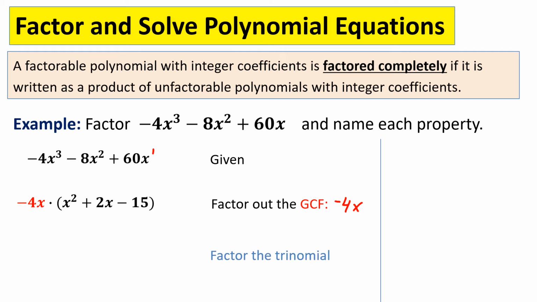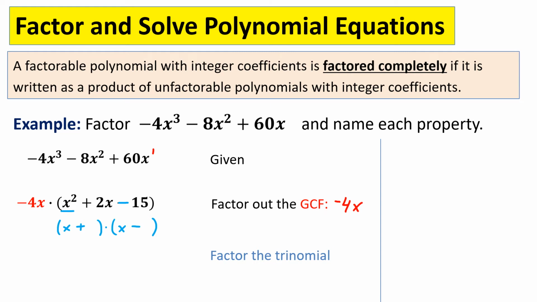All right, moving on, we're going to factor the trinomial. To get x squared, that has to be x times x. The last term is negative, so that means I have a positive and a negative.